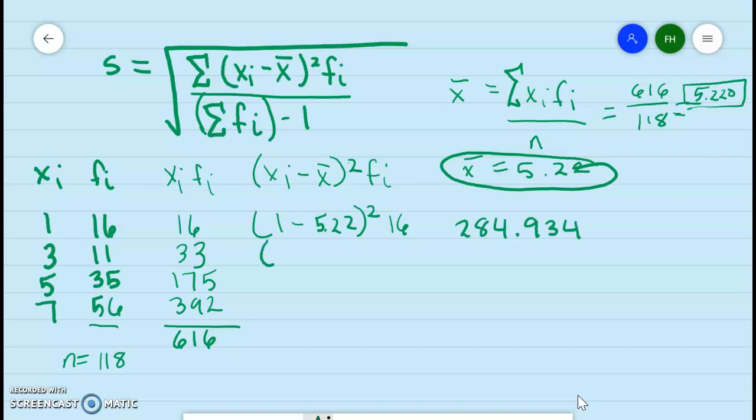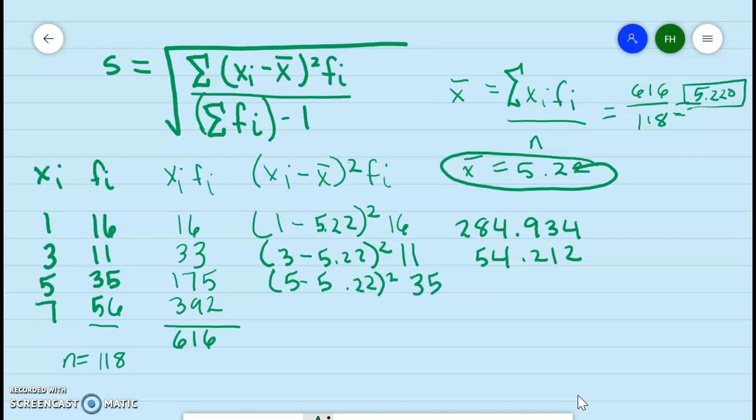So for the next one, we're going to do 3 minus 5.22, and you're going to square it and times it by your frequency. And you're going to get 54.212. And then the next one, you're going to do 5 minus 5.22 squared. And we're going to times that by 35.